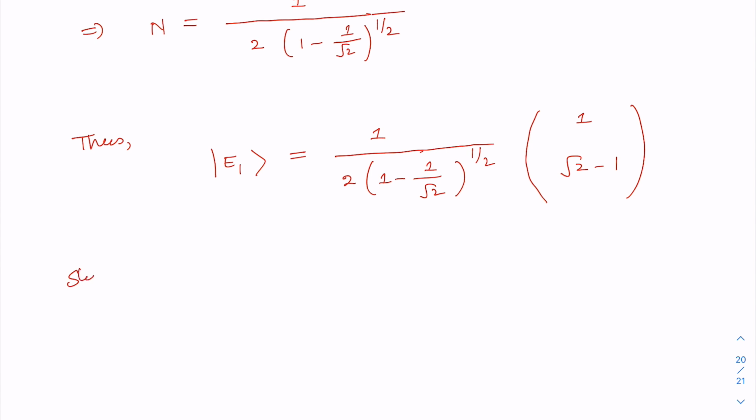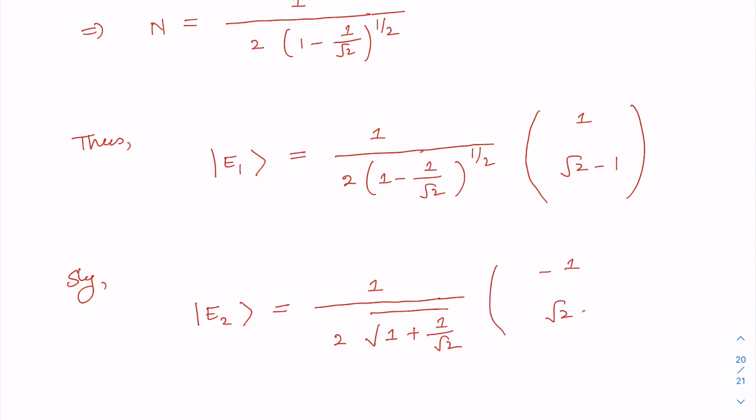Similarly, please verify it, you can show for the other one that |E2> would be equal to 1 divided by 2 square root of (1 plus 1 by root 2). You will have here (minus 1, root 2 plus 1). So that's the answer.